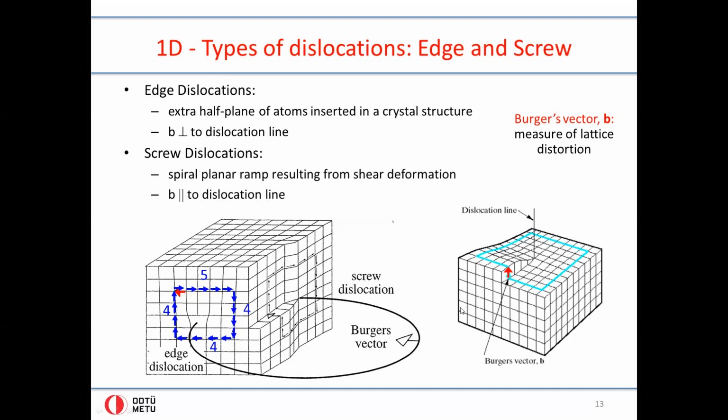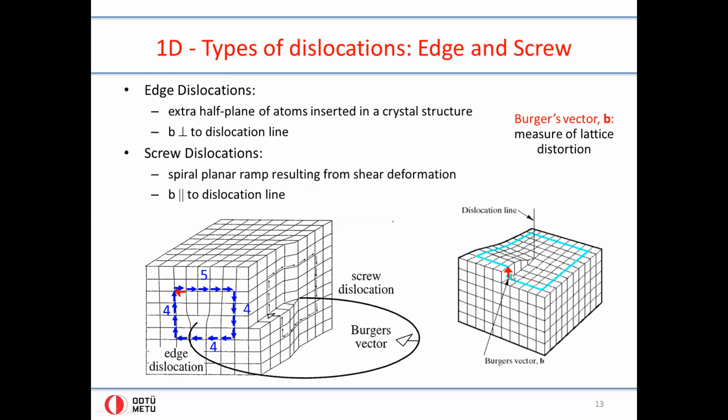Now, the screw dislocation shown here is also discussed using a magnitude of this distortion. And the Burgers vector, again, completes an imaginary square drawn around the dislocation line.